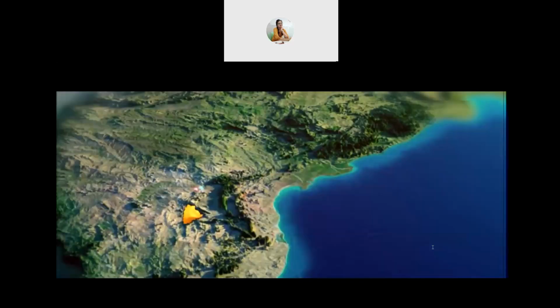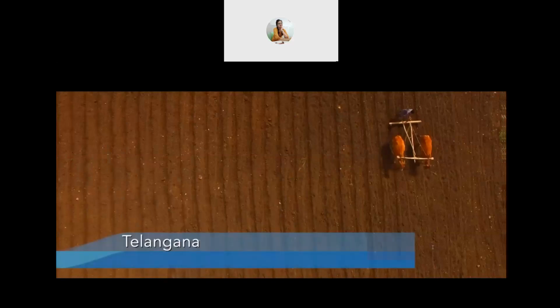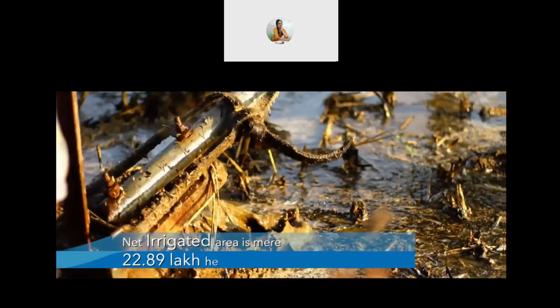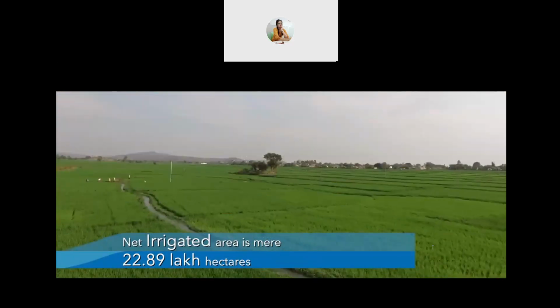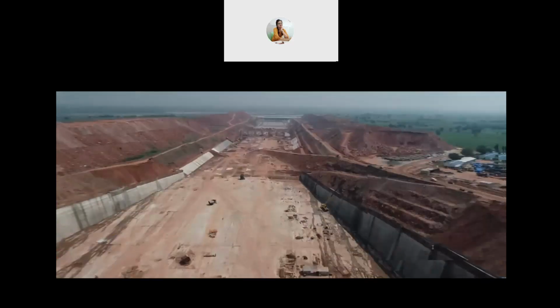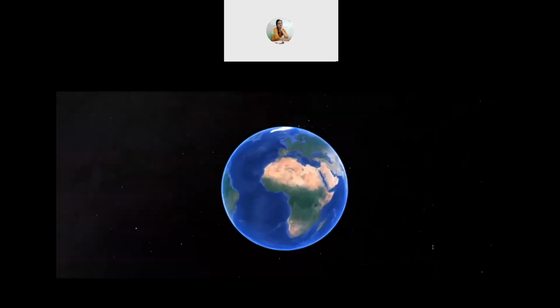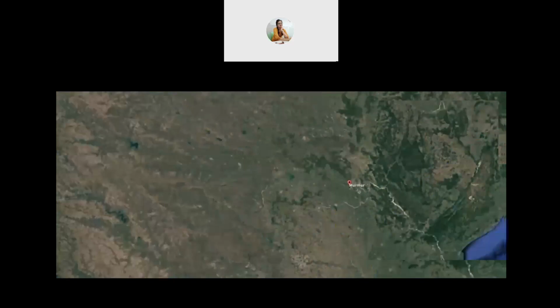India's newest state, Telangana, has a cultivable area of 75.21 lakh hectares, while its net irrigated area is a mere 22.89 lakh hectares. Therefore, the transfer of water through lift schemes and delivering it to deficient upland regions of Telangana is of strategic importance.